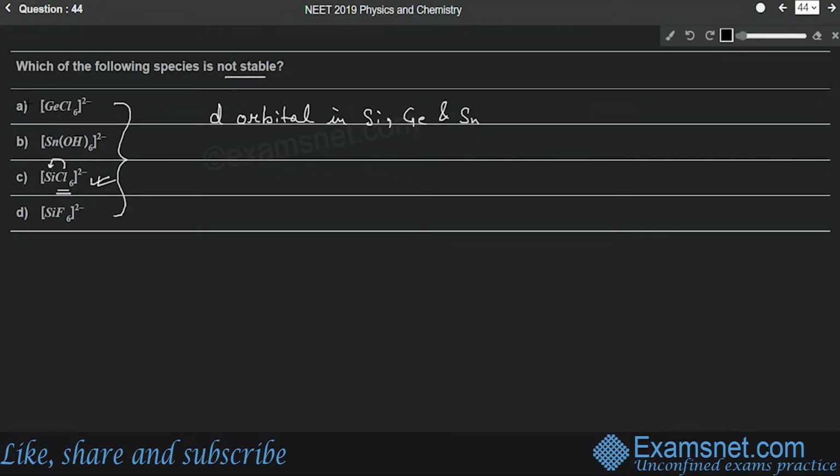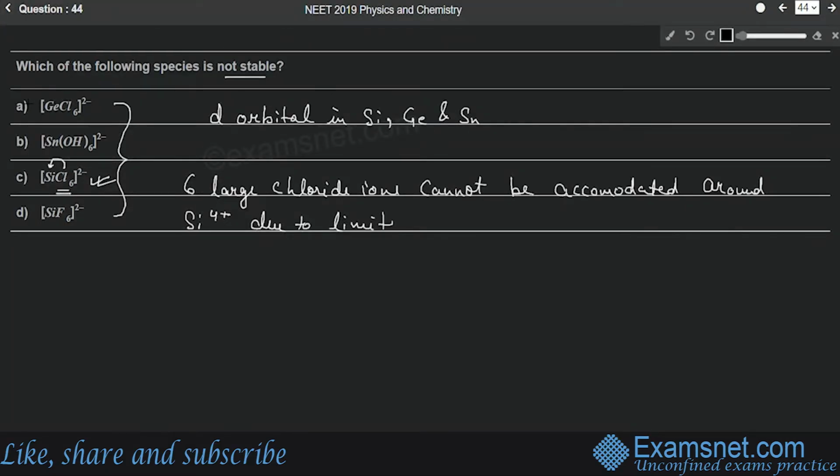Okay, so let's write it down here. 6 large chloride ions cannot be accommodated around silicon ion. And what is the oxidation state? +4. So silicon 4 plus ion due to limitation of its size.